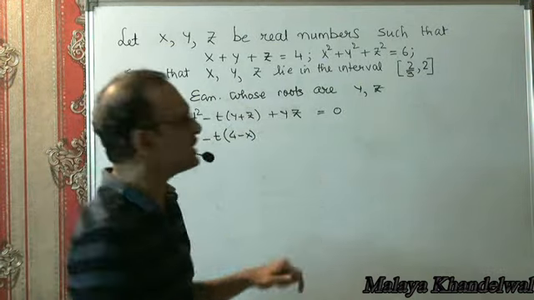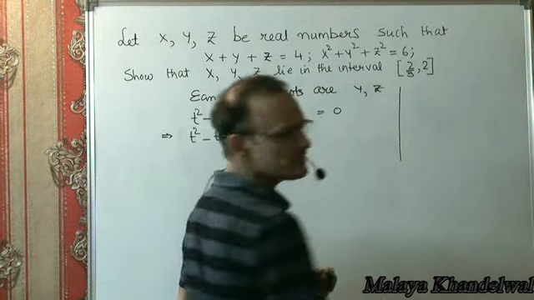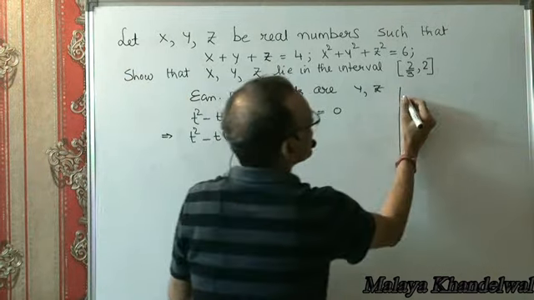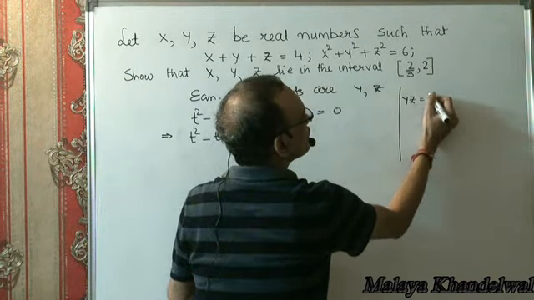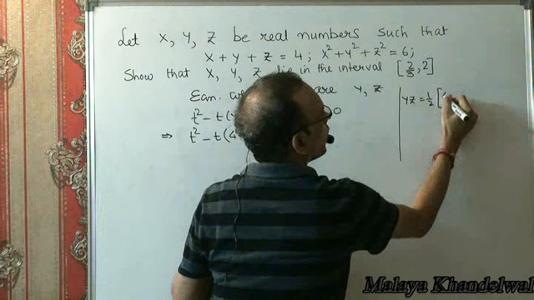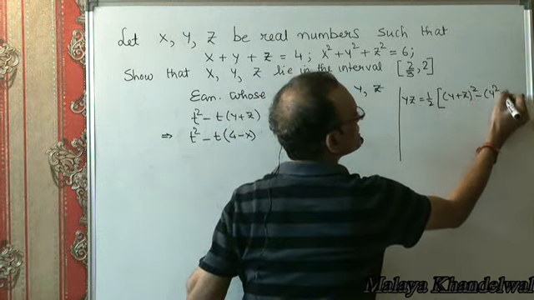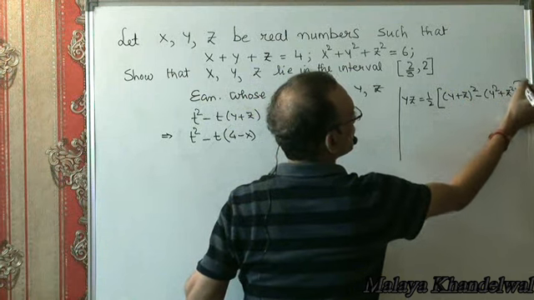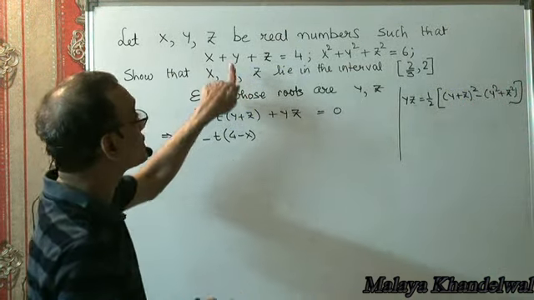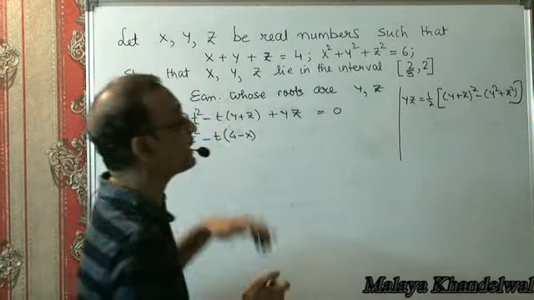And then yz, what do I do with yz? yz I can write as half of (y plus z) whole squared minus (y squared plus z squared). Right? I could do this. And what's (y plus z) whole squared? (y plus z) whole squared is going to be (4 minus x) whole squared.